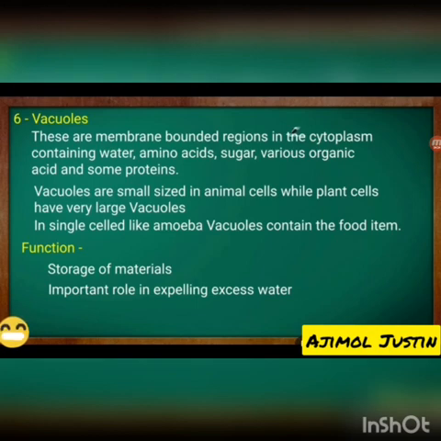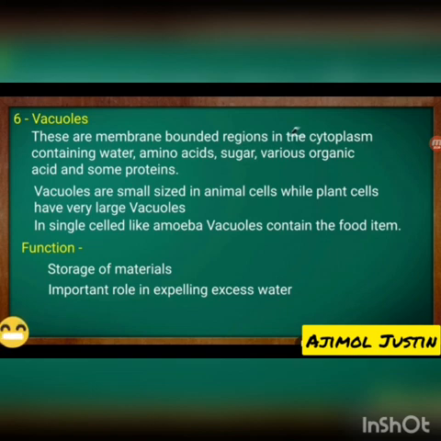Now next cell organelle is vacuole. These are membrane-bound regions in the cytoplasm, and they are filled with water, amino acids, sugar, various organic acids and some proteins. As I said earlier, vacuoles are very small in animal cells or absent, and plant cells have very large vacuoles.